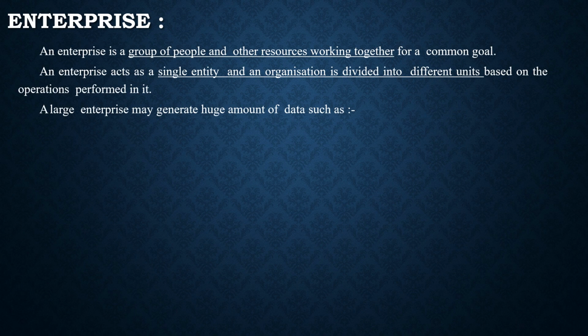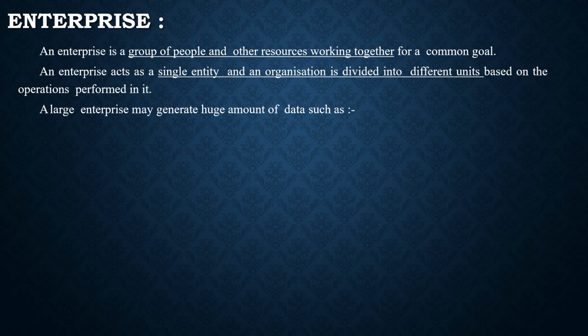Same like that, the enterprise is nothing but a group of people and the other resources working together for a common goal. The second definition is that it always acts as a single entity, a single unit, whereas an organization is divided into different units.